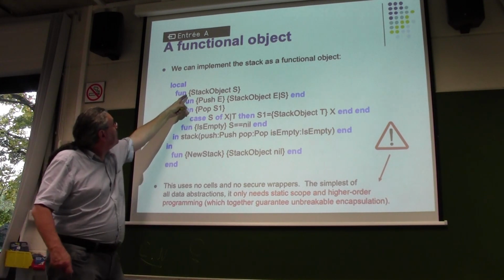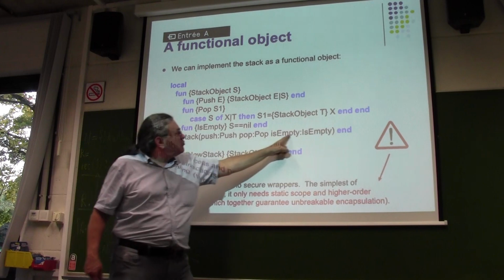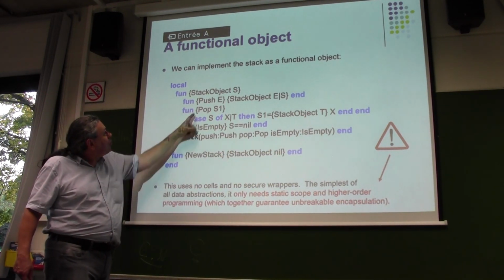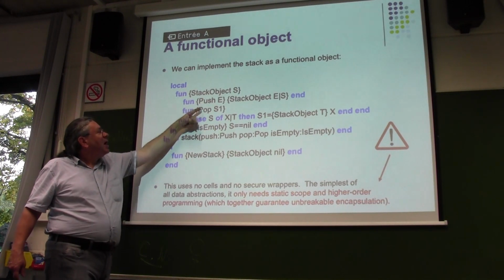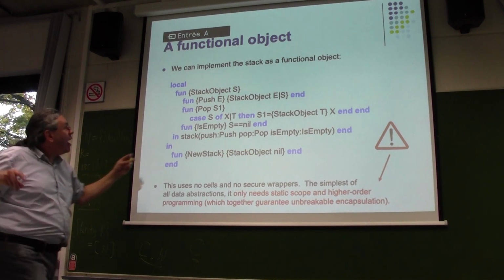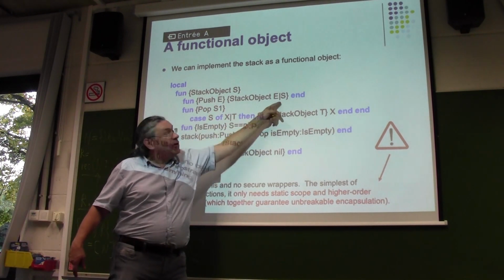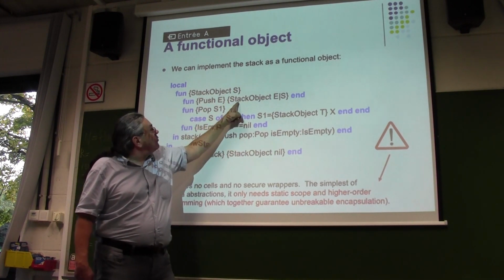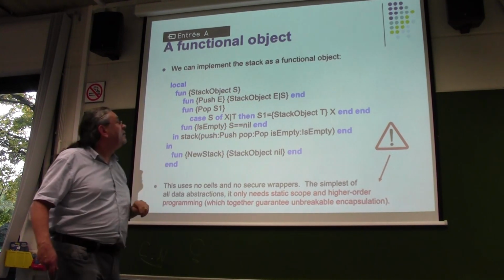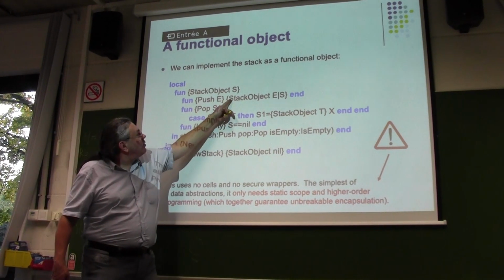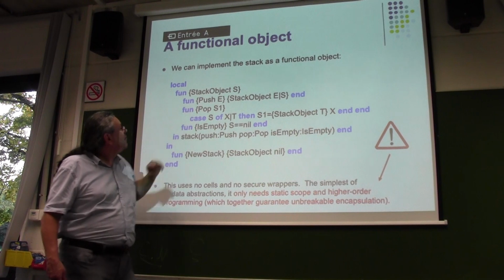Okay, so stack object, if I call it, will create a record, so the record is an object. But when I call push, I can't update anything. So what do I do? I return a new stack object. So it calls stack object recursively with the new state. Okay? So that means that stack object is part of the contextual environment of push.